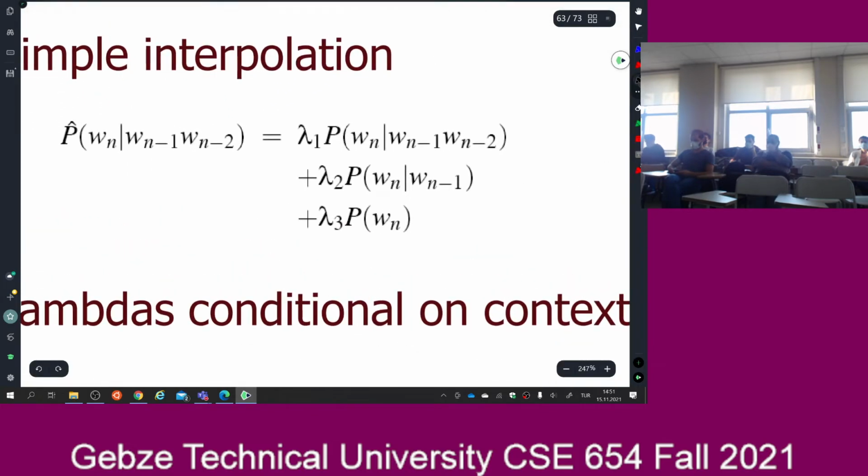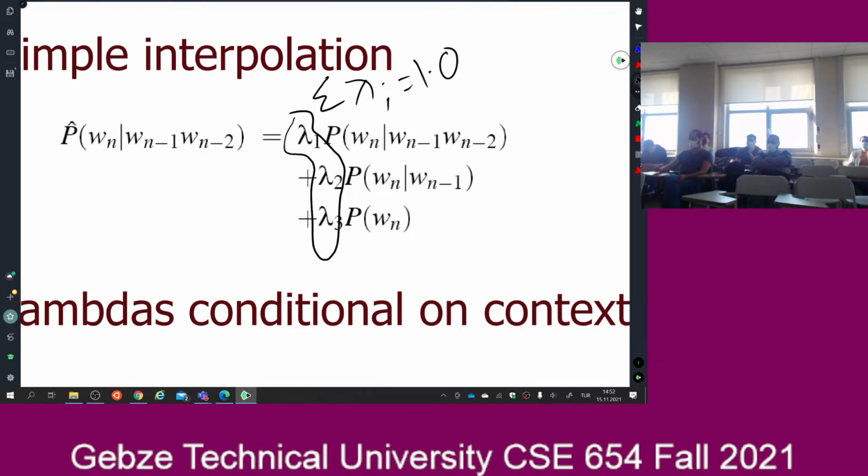Calculate this probability, and multiply it with this lambda 1, and calculate this one, multiply it with lambda 2 and lambda 3. Of course, the summation of all the lambdas should be total of 1.0. Otherwise, my probabilities will be messed up.